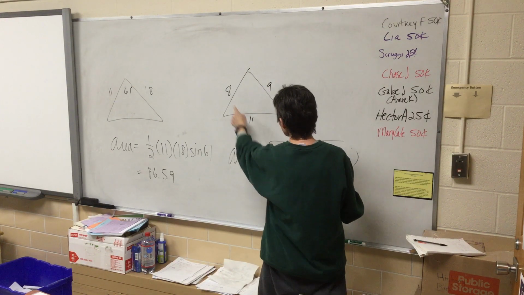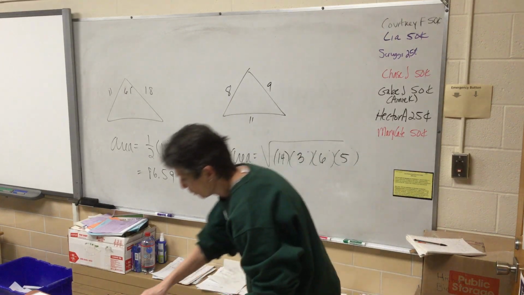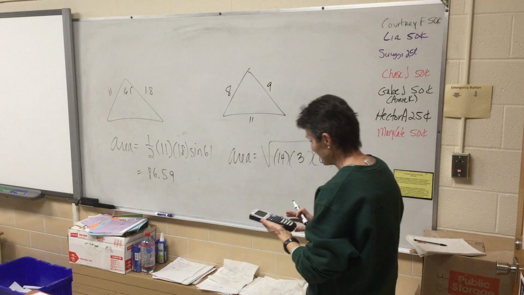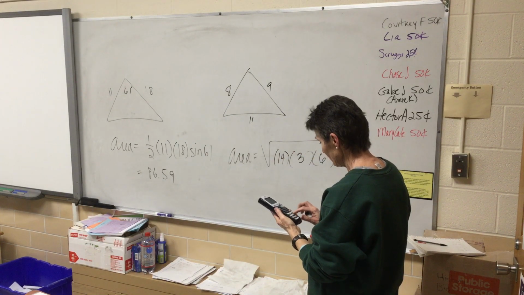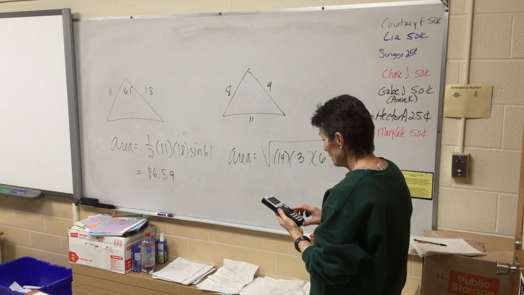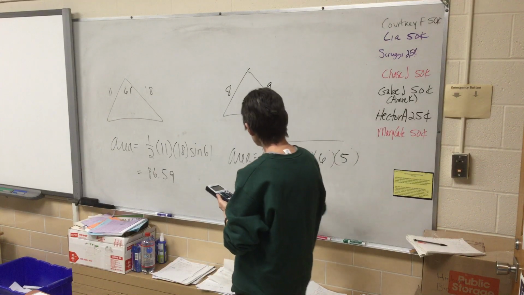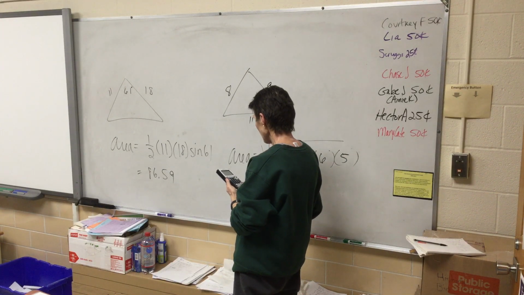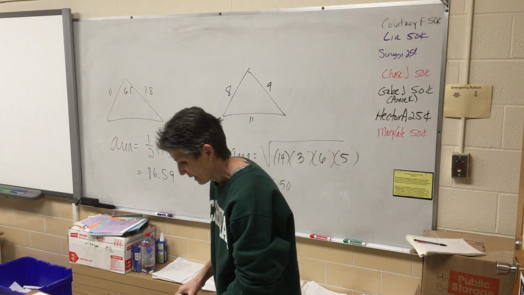So it'll be 3, 6, and 5. 14 minus each side. You can use your calculator to help you with that subtraction if you need to. Don't forget, when you type them all together, you got to take the square root. So I got 35.50 as my area.